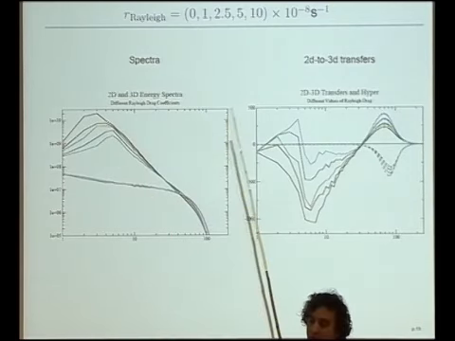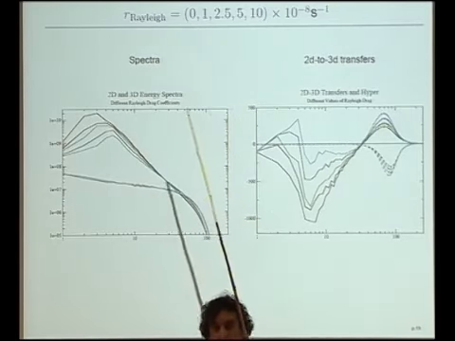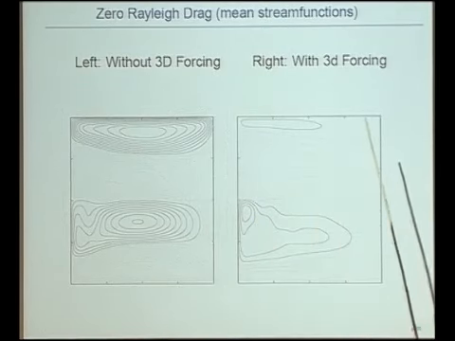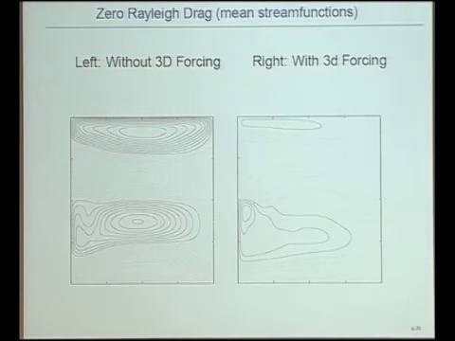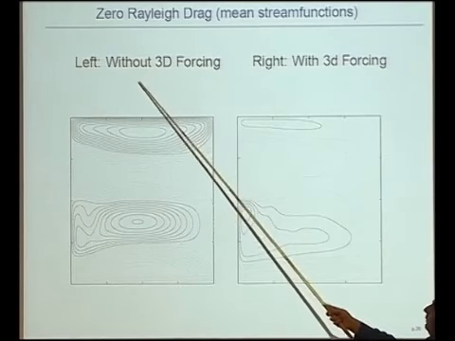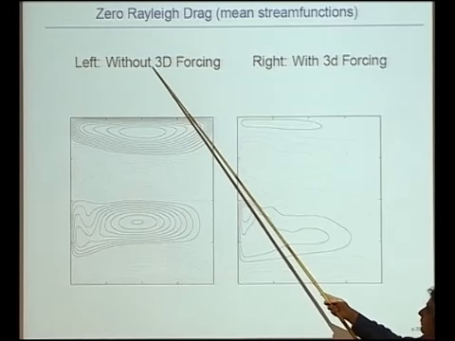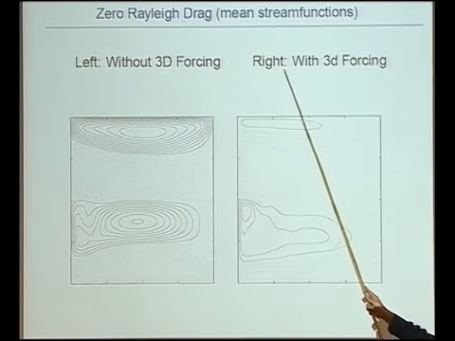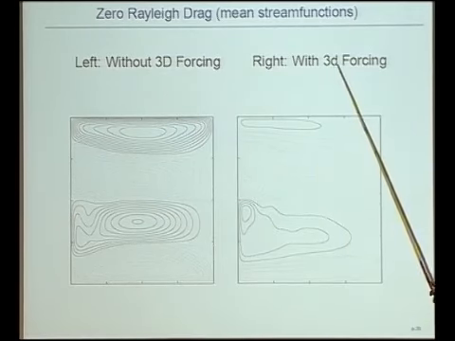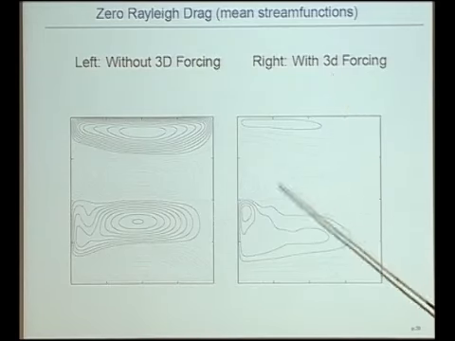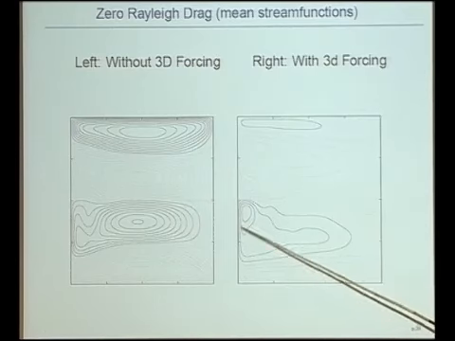So I just want to show stream functions for a kind of time average of this spectrum here of this simulation with 0 Rayleigh drag, and a similar run also with 0 Rayleigh drag, but with no 3D forcing. So on the left, I have no Rayleigh drag and no 3D forcing, so essentially no 3D energy.